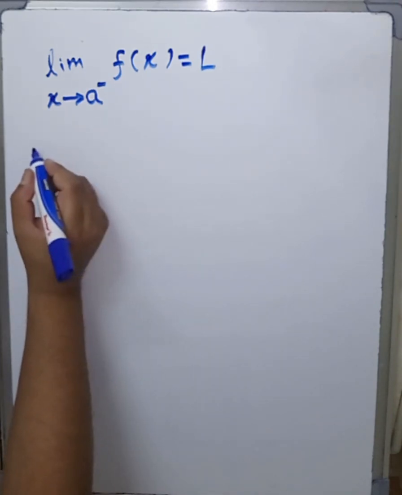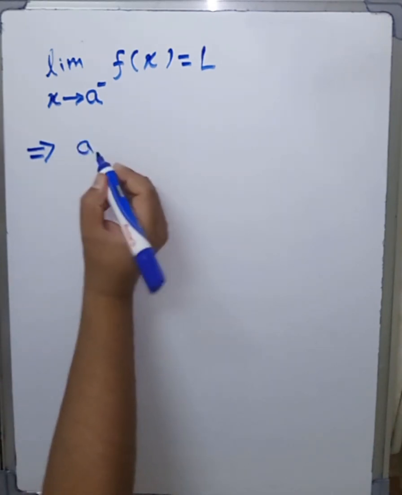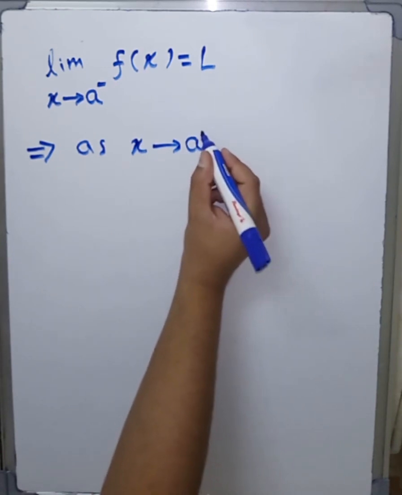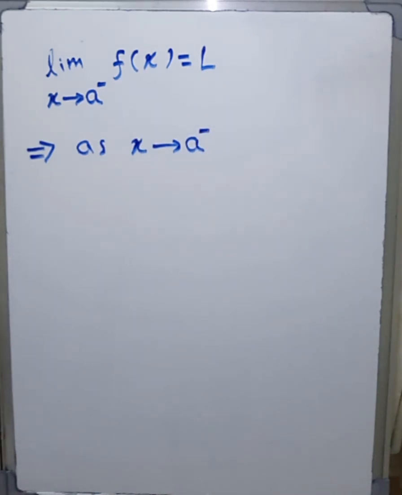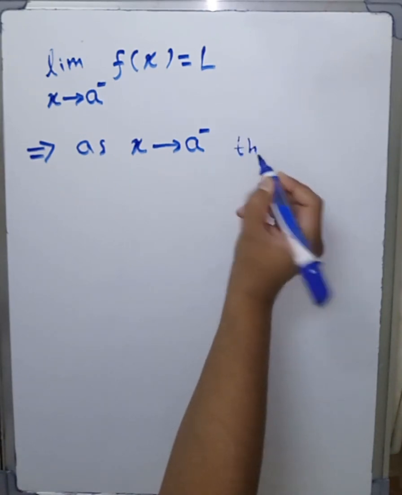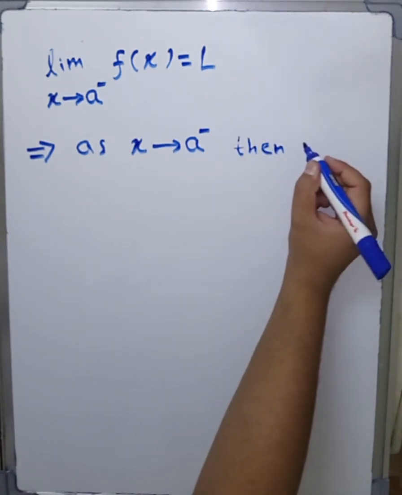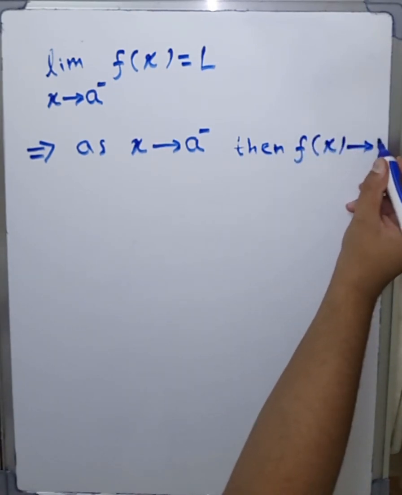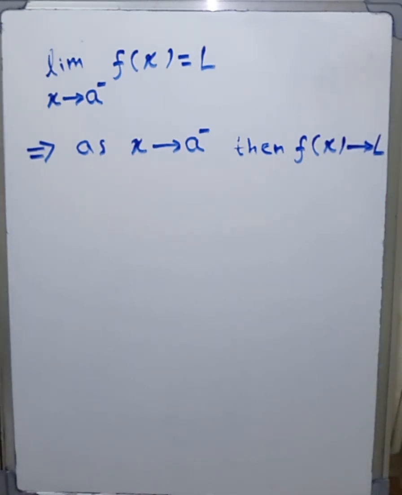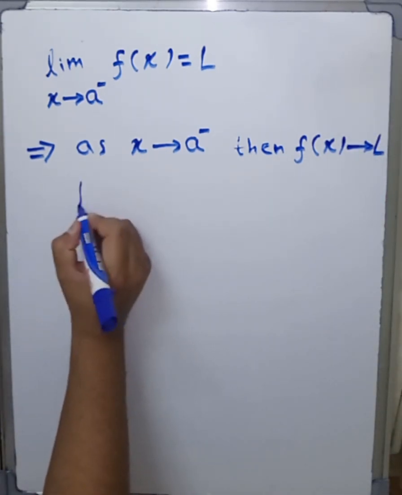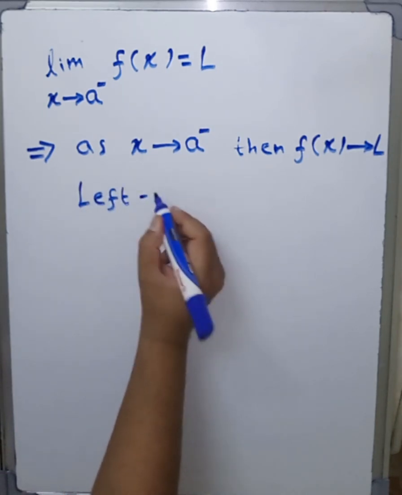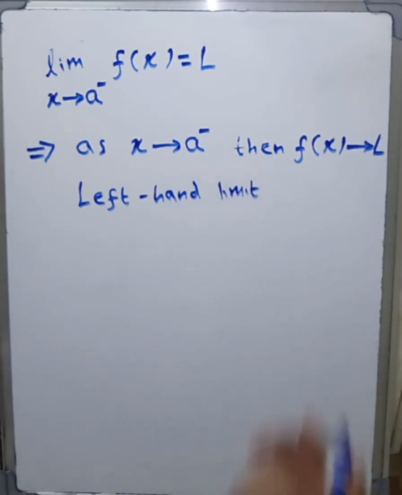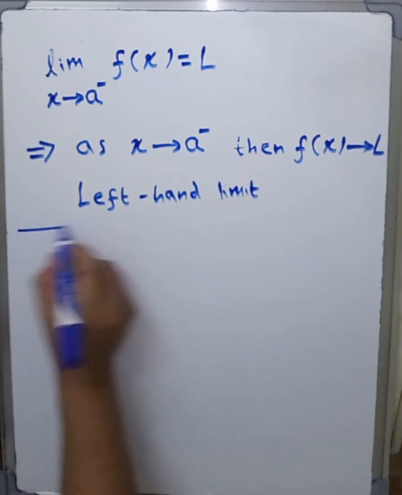The meaning is that as x approaches a from the left side, the value of the function f(x) will approach L. This limit is called the left hand limit.